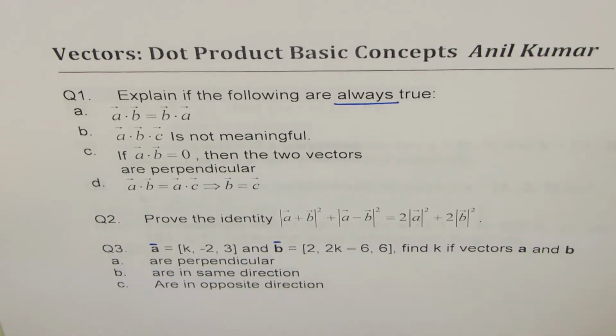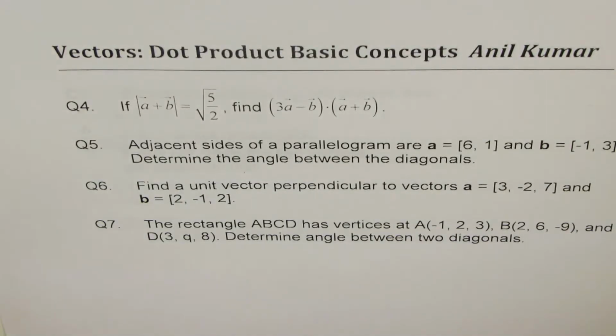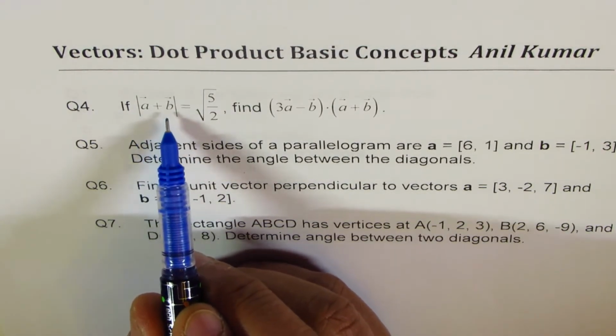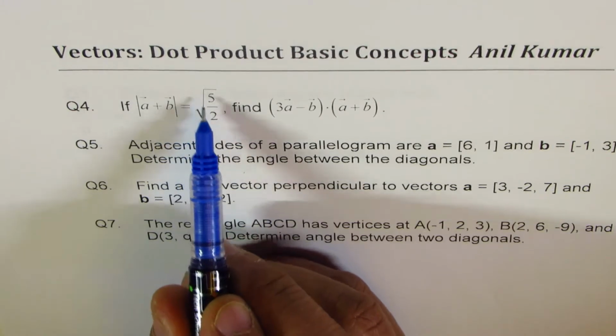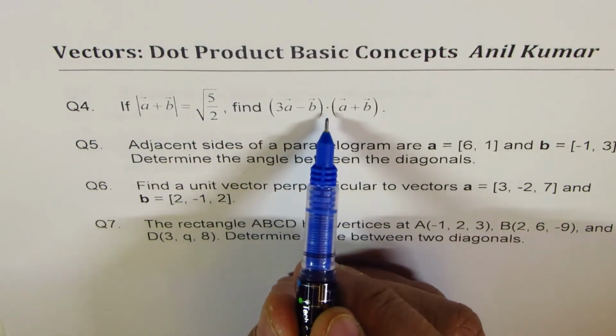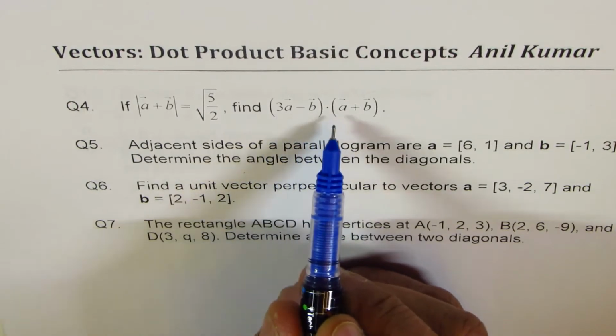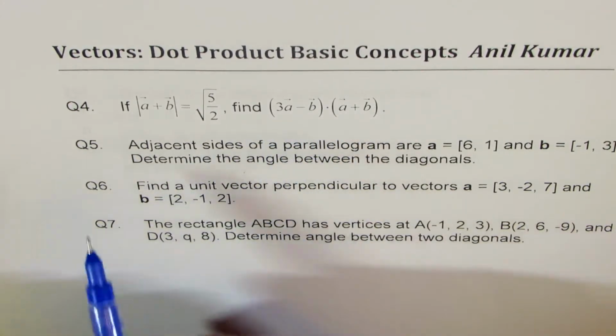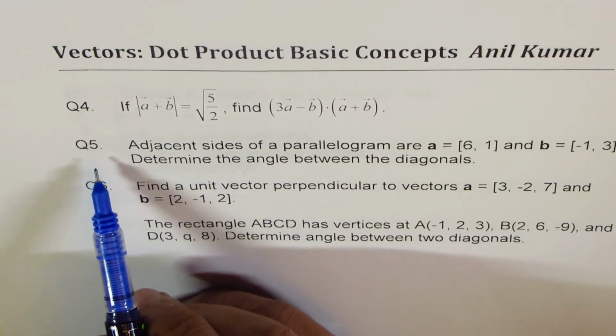Let's move on to the next 4. Question number 4 is: if magnitude of A plus B is equal to square root of 5 over 2, find the dot product of 3A minus B times A plus B. Question number 5.